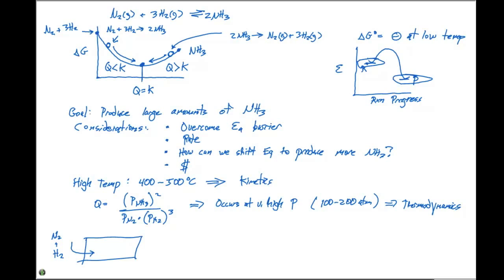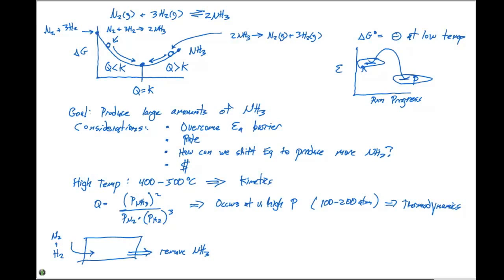If we wanted to push that equilibrium farther, we could add more nitrogen and hydrogen, but that costs us money to put in there. So as this reaction proceeds, we remove the NH3 from this vessel.